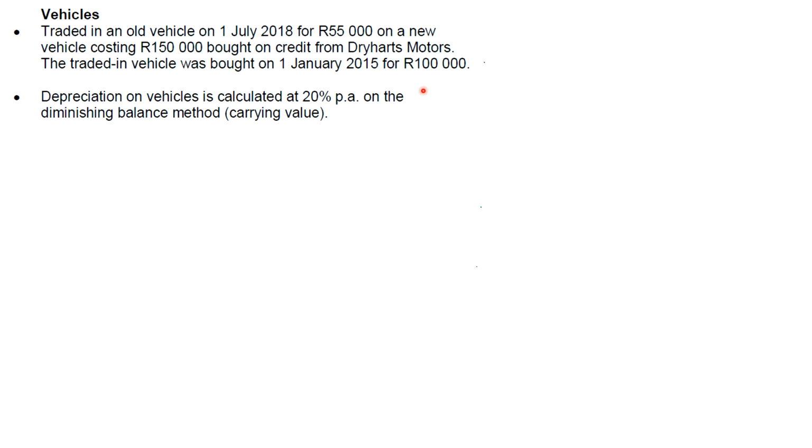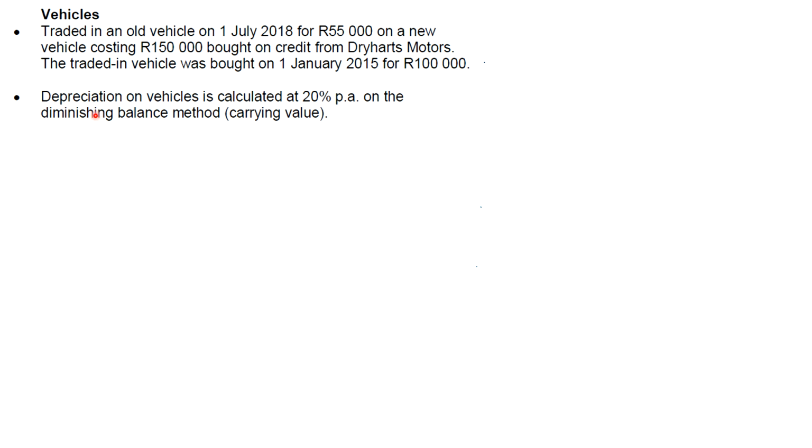They just told us the vehicle cost this much and the accumulated depreciation was this much. But in this slide, they don't tell us the accumulated depreciation. Instead, they tell us that this vehicle was bought on 1 January 2015, and the price it was bought for, the cost of the vehicle.